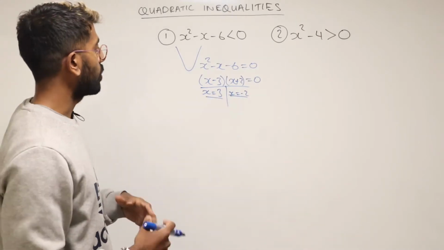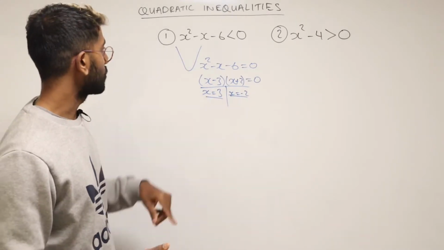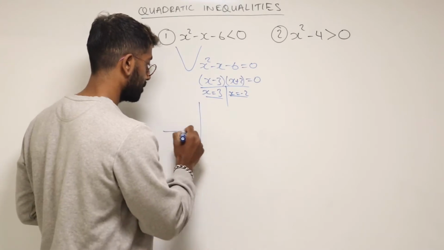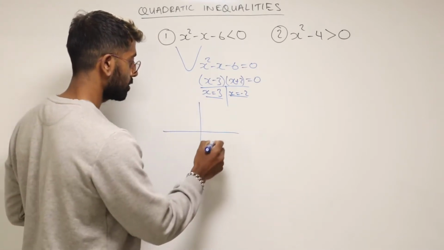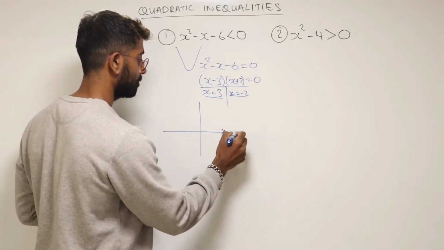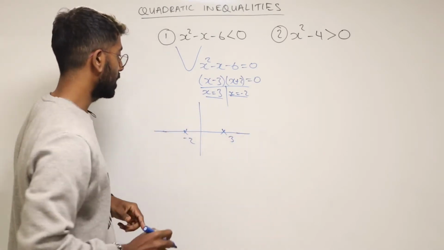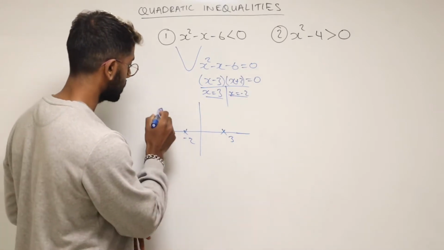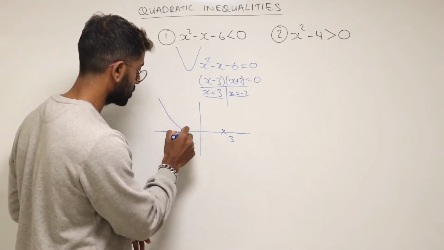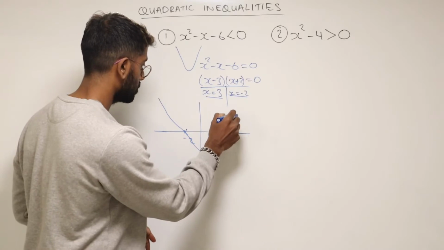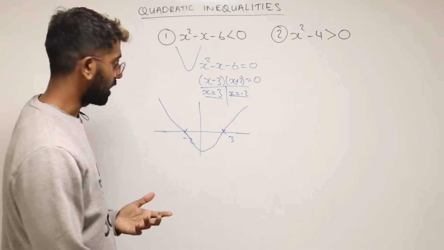So using this, what we can do is make a sketch of this quadratic. So we know the roots are at 3 and at minus 2. So minus 2 here. And what I'm going to do is exaggerate the way that I'm going to draw this quadratic. So here we go, it's something like this.